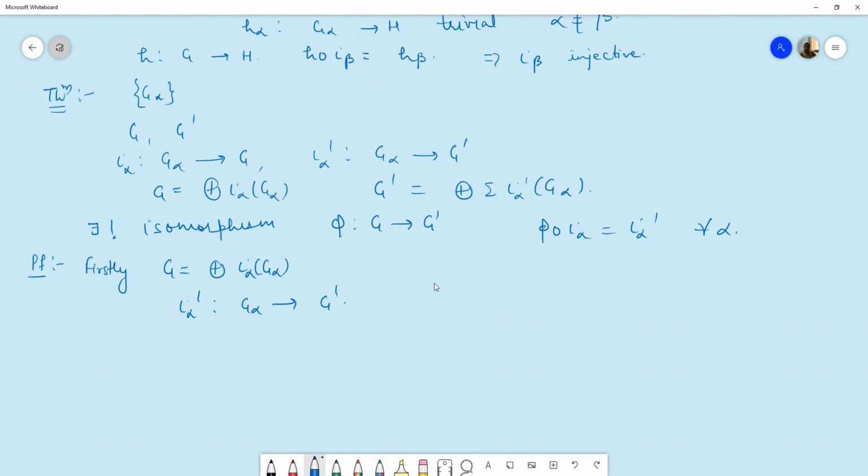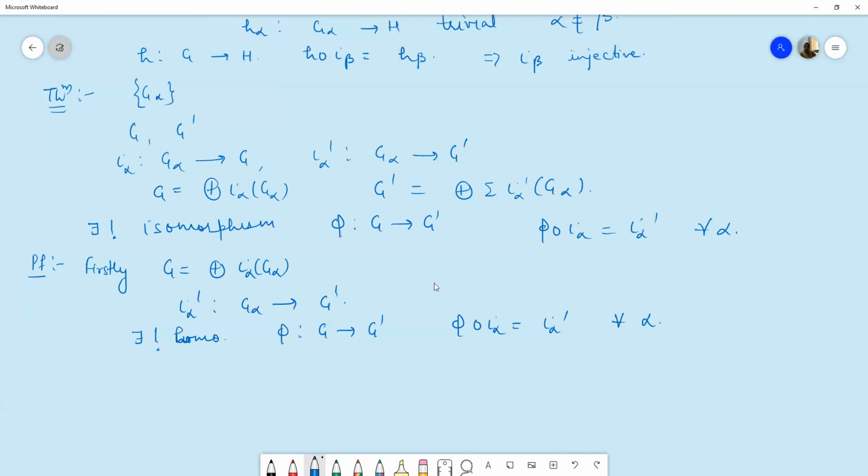Then by the extension condition, this is our group H here. Given any group H and any family of homomorphisms H alpha from G alpha to H, there exists a unique homomorphism phi from G to G dash, such that phi circle I alpha is equal to I alpha dash for each alpha.